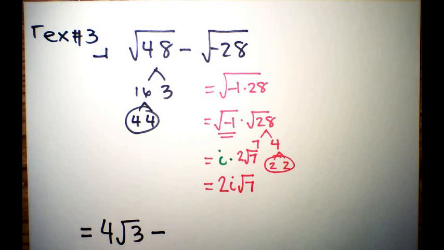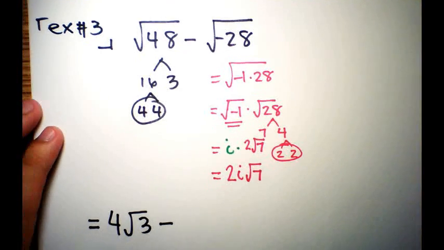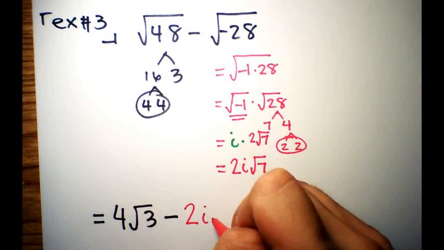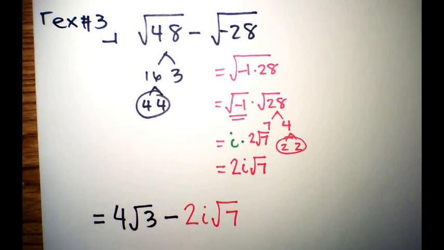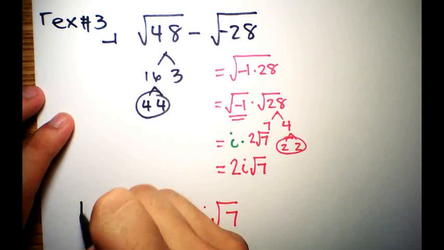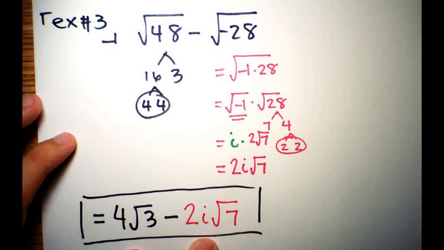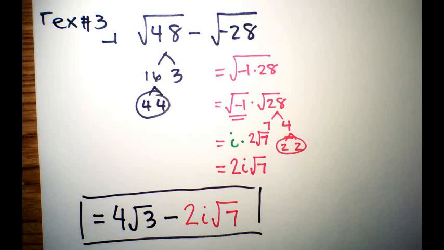So you put the radical last, whole number first, imaginary number in between. So we've already simplified square root of negative 28. We're just going to bring that one down. 4 radical 3 minus 2I radical 7. We can't combine these because they have different radicals. And so this is your answer for example number 3.